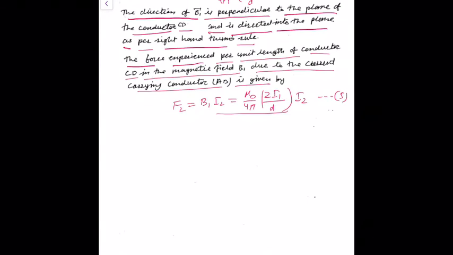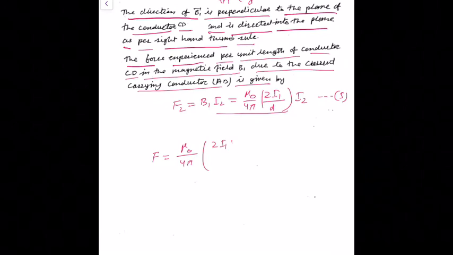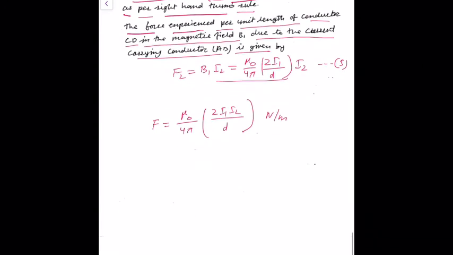Force experienced per meter length of conductor by two parallel long straight conductors carrying currents I1, I2 is given in general by F is equal to mu naught upon 4 pi into 2 I1 I2 upon D Newton per meter.